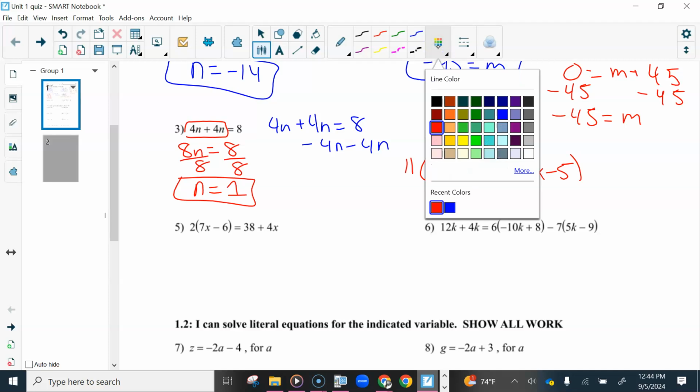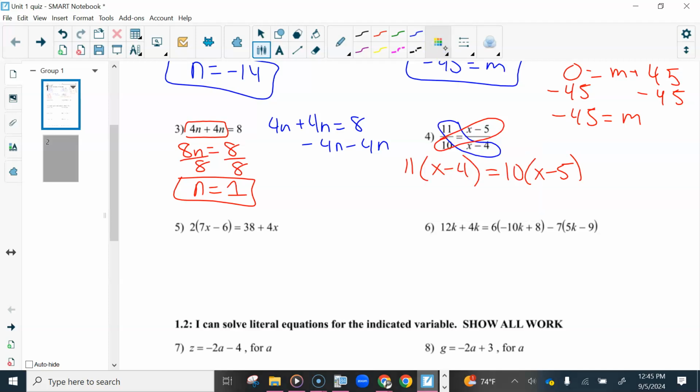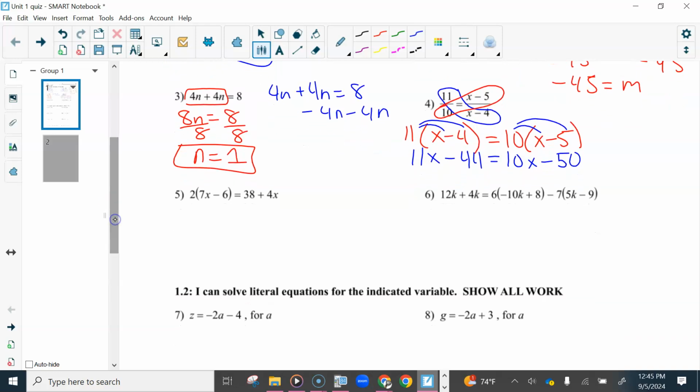Anytime you have to distribute, make sure you're multiplying to everything. So if you just multiply to one piece, you'll miss the rest of that. And then once you got to this step, you had choices whether you did this in one step or in two.